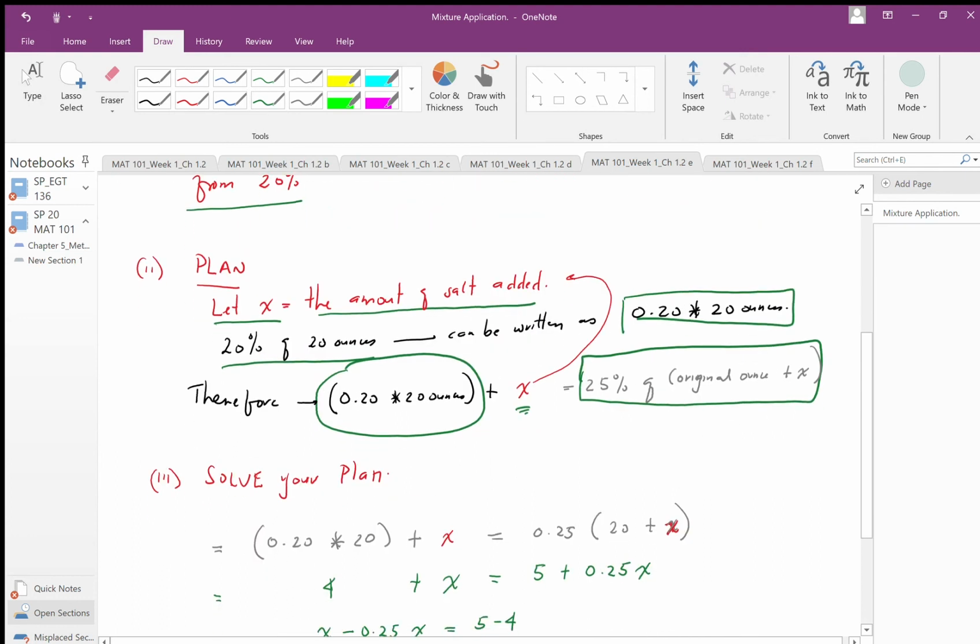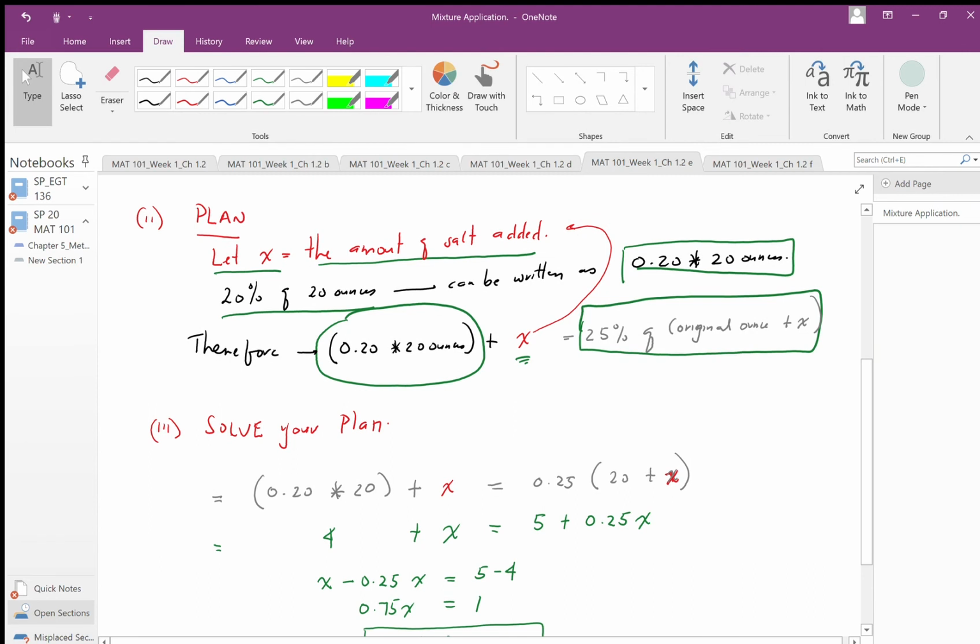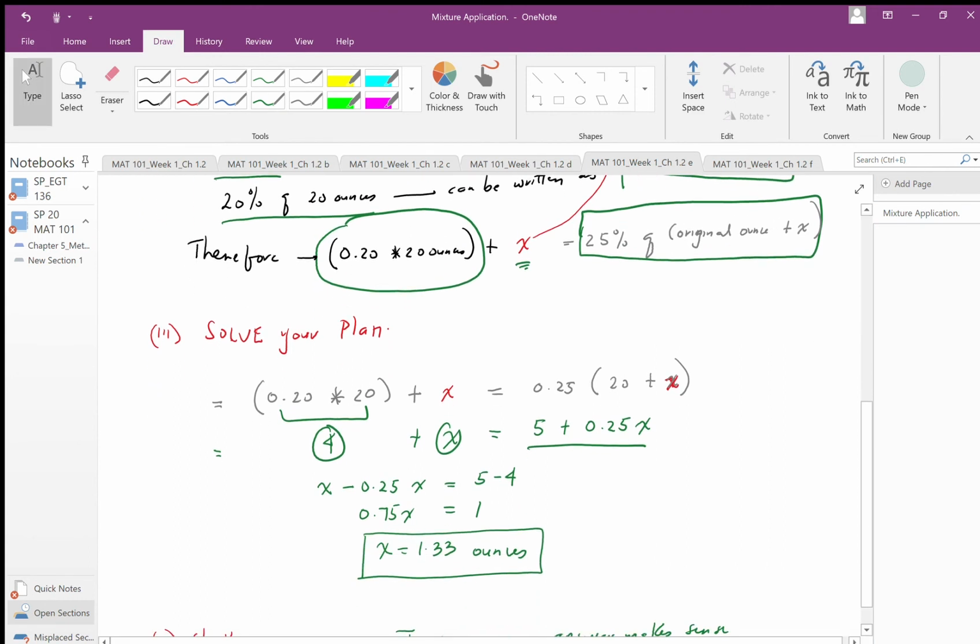Okay. Now we can solve this algebraic setup. After we've done the multiplication, we can open up the parentheses, add it to X, and then expand the right-hand side of the equation. And when you do so, you're going to get X equals 1.33 ounces.